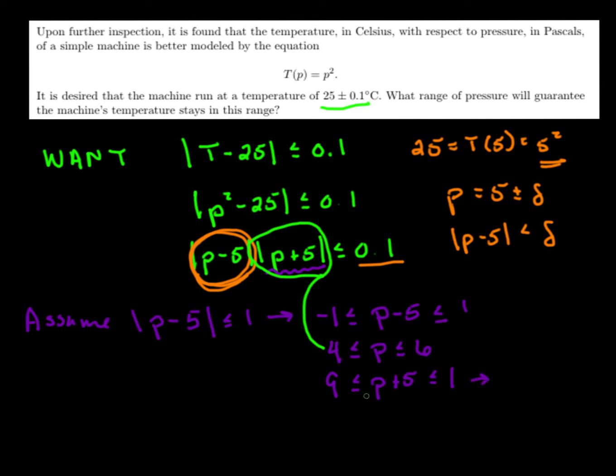And now, since P plus 5 is less than or equal to 11, then the absolute value of P plus 5, which is positive, has to be less than or equal to 11. So with this assumption, hopefully this is going to be true, that my pressure is going to be bigger than 4 and less than 6, right? 5 plus or minus 1.